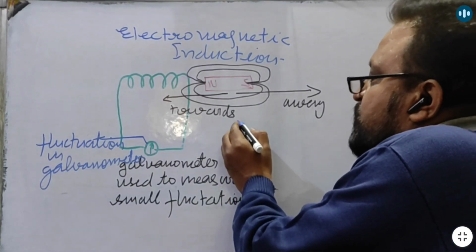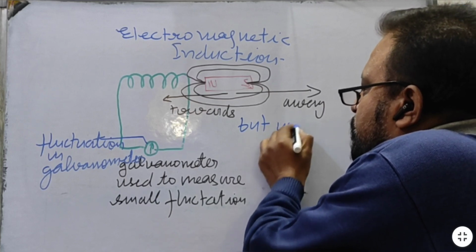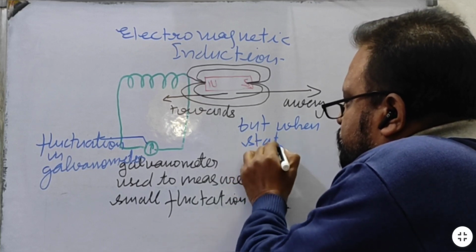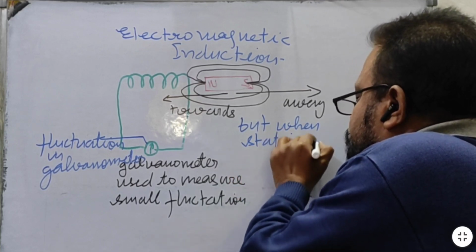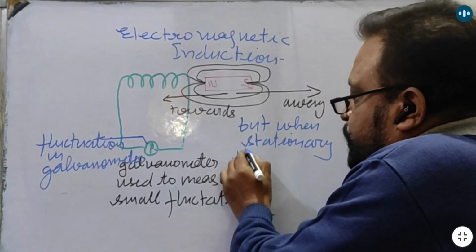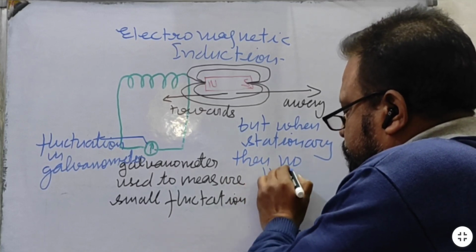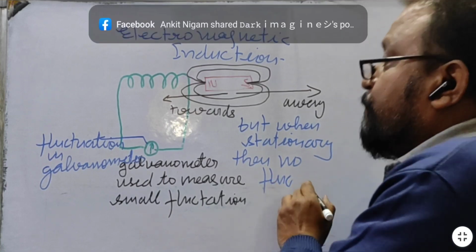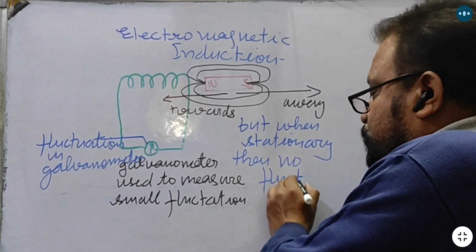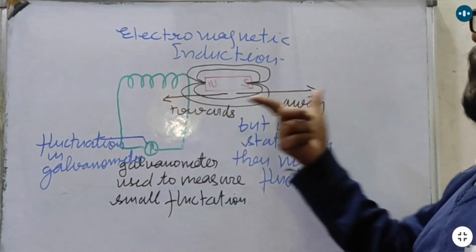So when it is moving towards or away from the coil, then there is fluctuation in the galvanometer. But when stationary, then no fluctuation. Fine. So this is his observation.